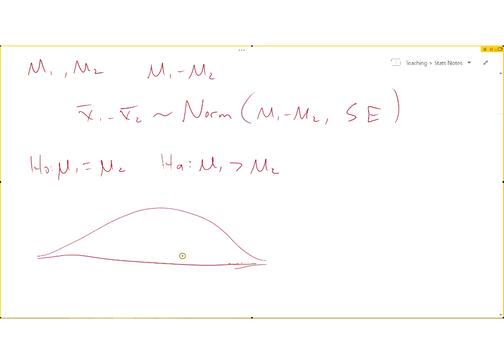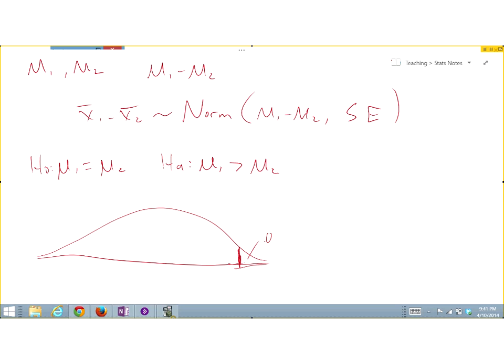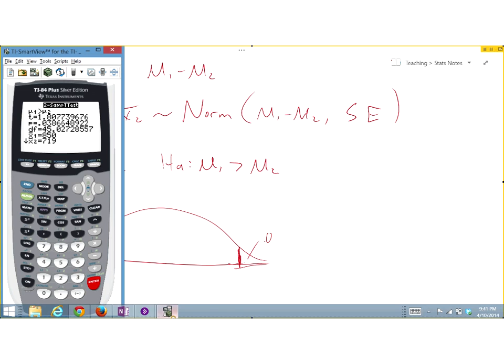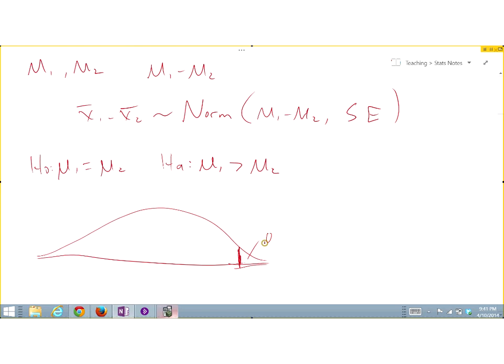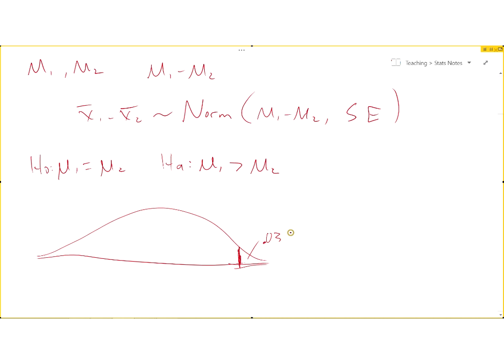Well, what happened here was the alternative, greater than, means it's a right tail. So that right tail area is 0.039.